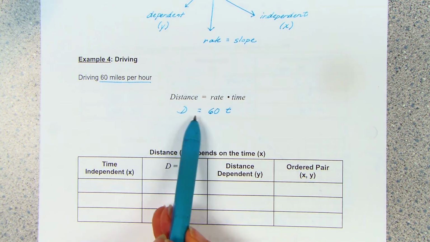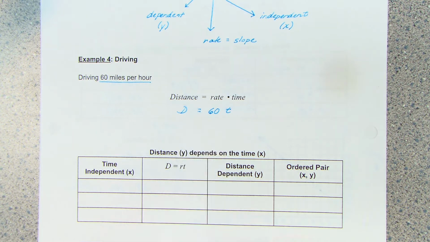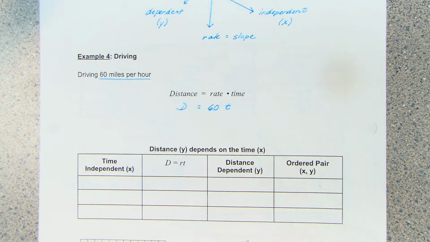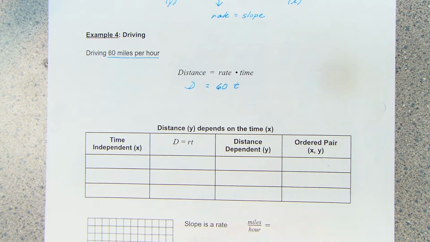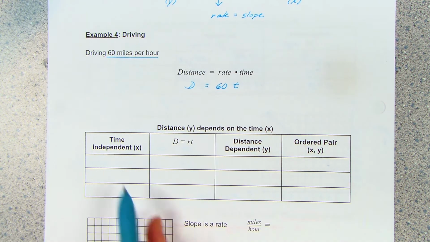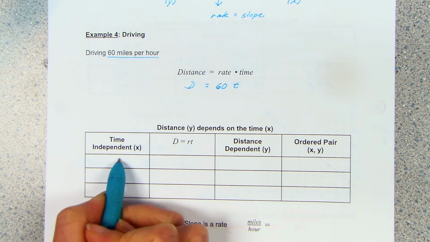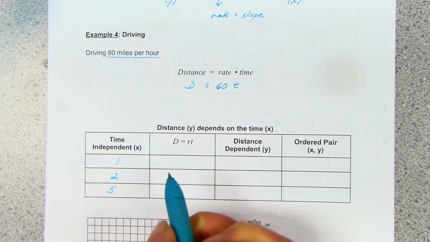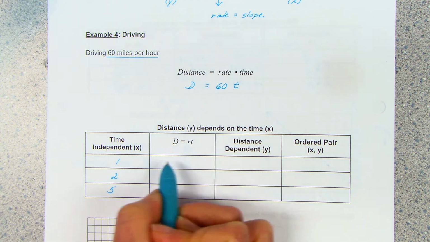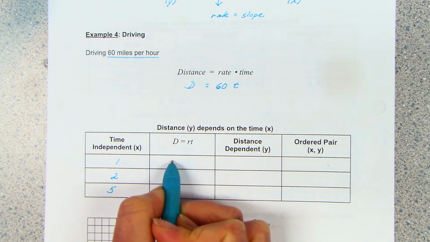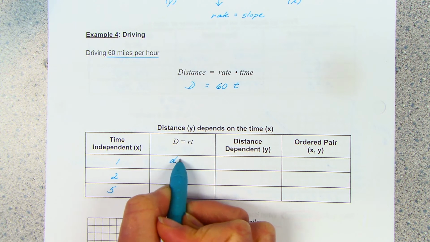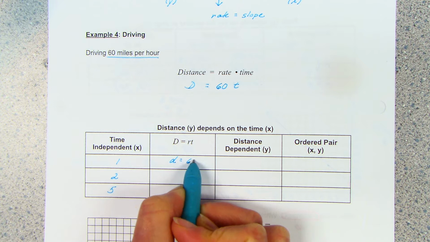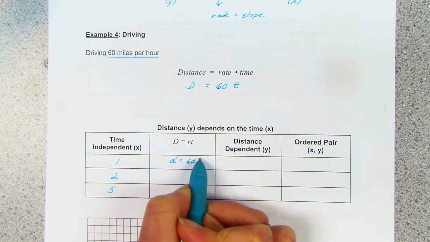Okay, so there's the equation. This is like y equals 60x. So it still has 2 variables in it. All right. So the distance depends on the time. Let's substitute in some numbers. And the numbers we're going to use are 1 and 2 and 5. So when I substitute in, my distance is going to be equal to 60 times 1.